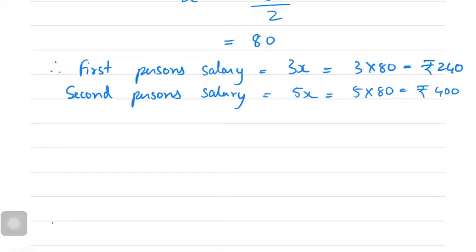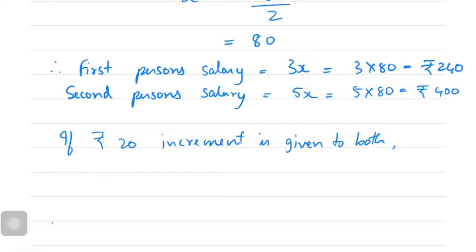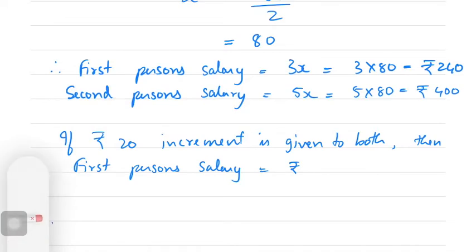So 20 rupees increment is given to both, right? Then first person salary will be rupees 240 plus 20, so 260.